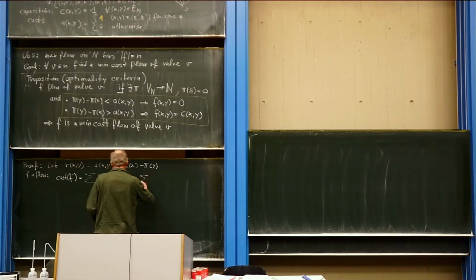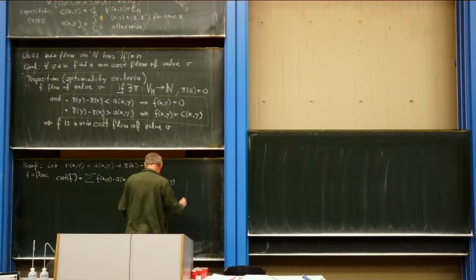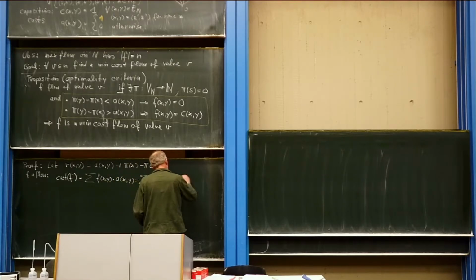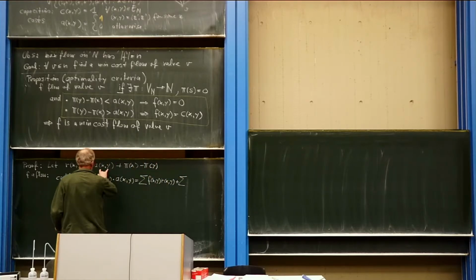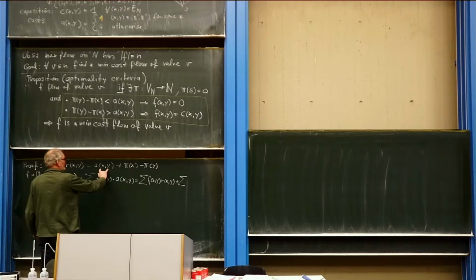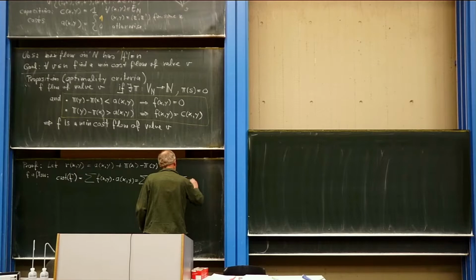So this is equal to the sum of f_xy r_xy plus the sum, because we replaced the A_xy, we bring the stuff on the other side, pi of y minus pi of x, f_xy.